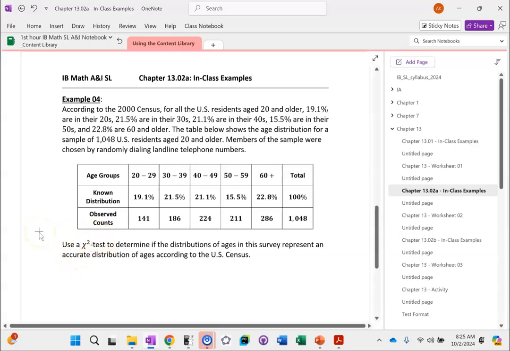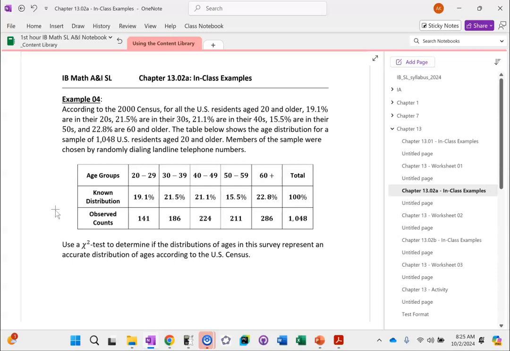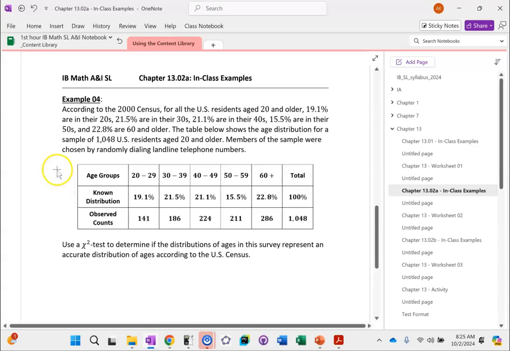Okay, so before you start, we should do two things. Null and alternative hypothesis. Okay, what is the null?